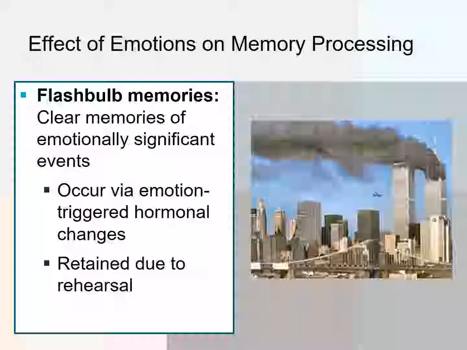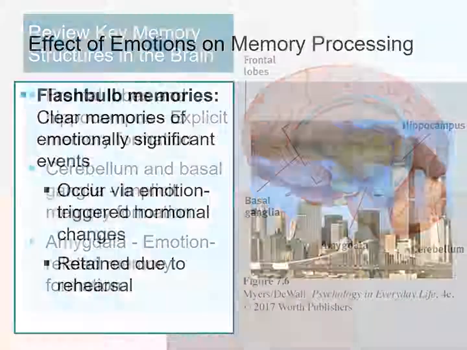And they're retained because you think about them. The more you rehearse or think about it, the stronger the association, and the more likely the memory is to be something you can pull from your brain.